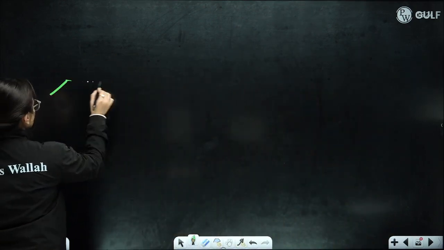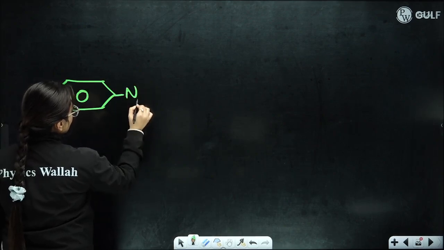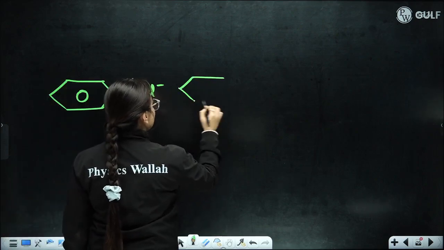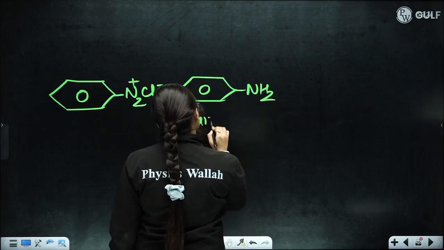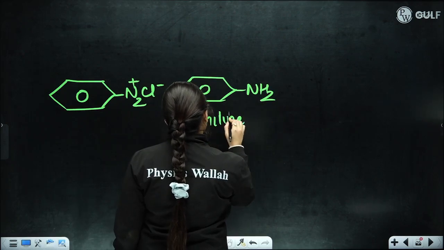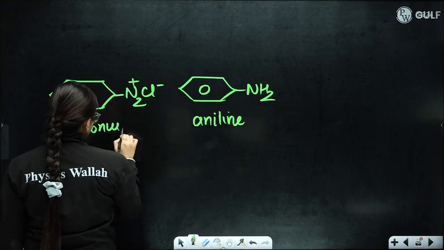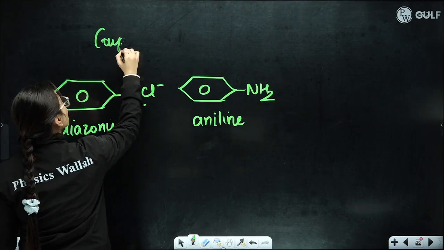So when I talk about the coupling reaction, this is your diazonium salt, N2 positive, Cl negative. Let's take it reacting with aniline. This is aniline and this is your diazonium salt, and this is your coupling reaction.